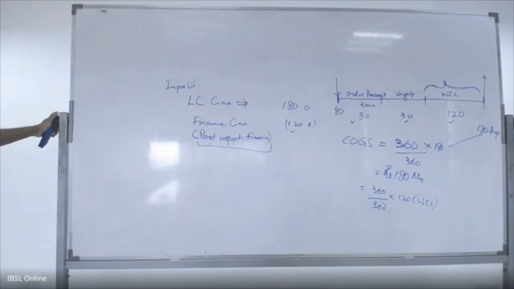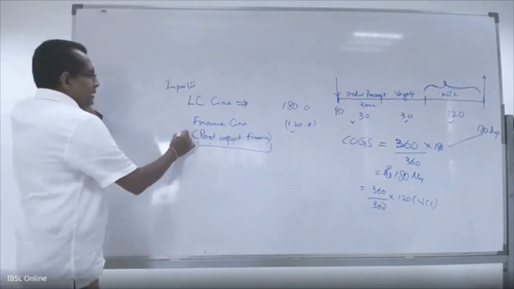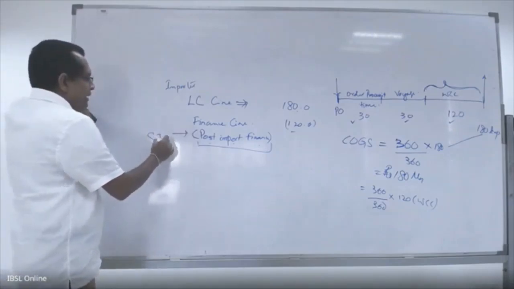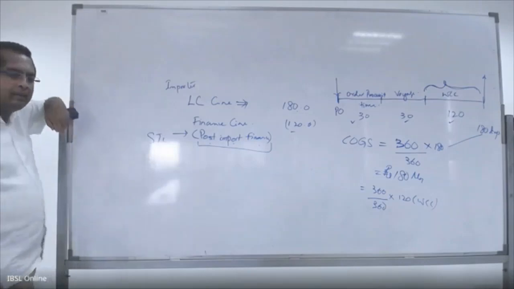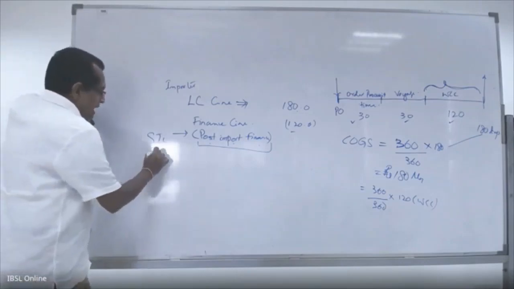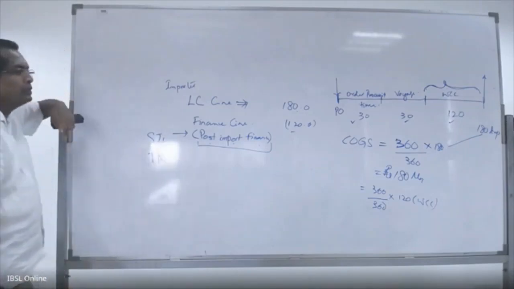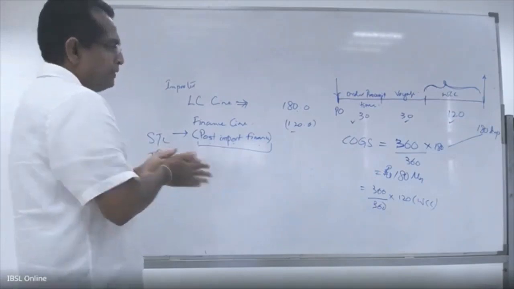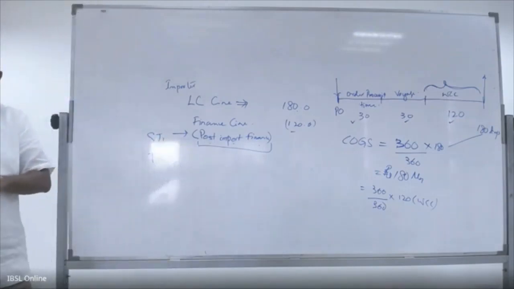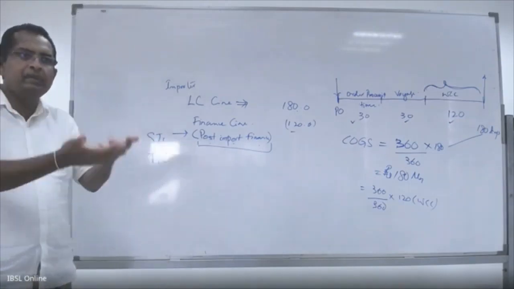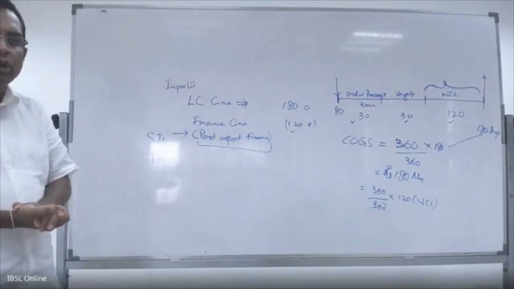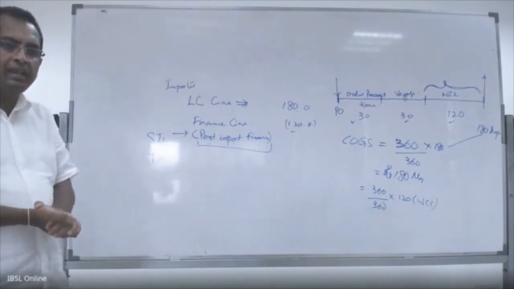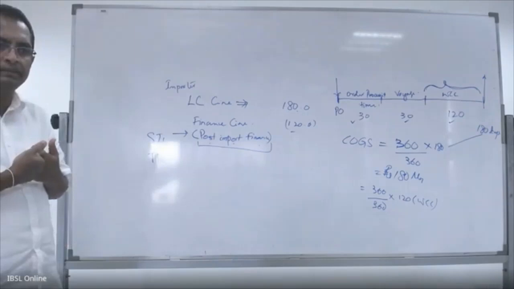So this is import lines. Post-import finance can be a short-term facility, or there is another product called TR, trust receipt loan. Under TR, goods are consigned to the bank, and the bank gives the goods to the customer on trust to sell and settle the bank.